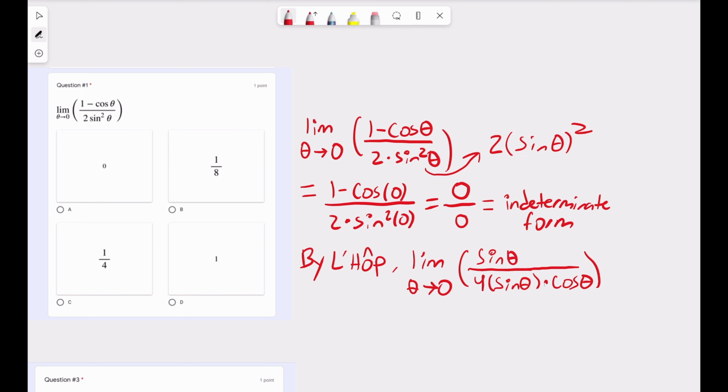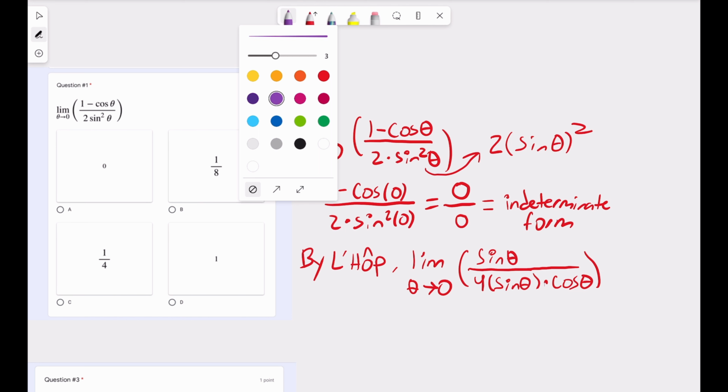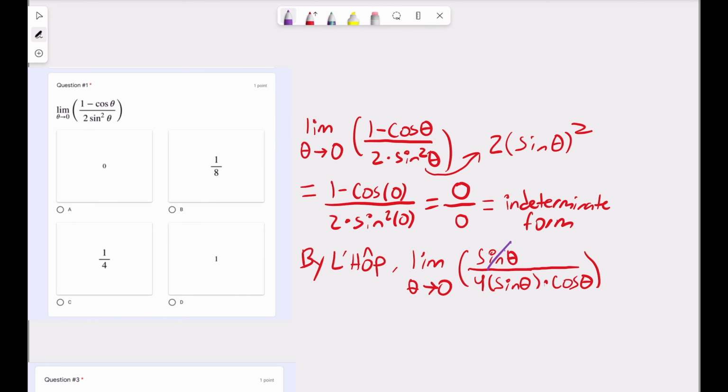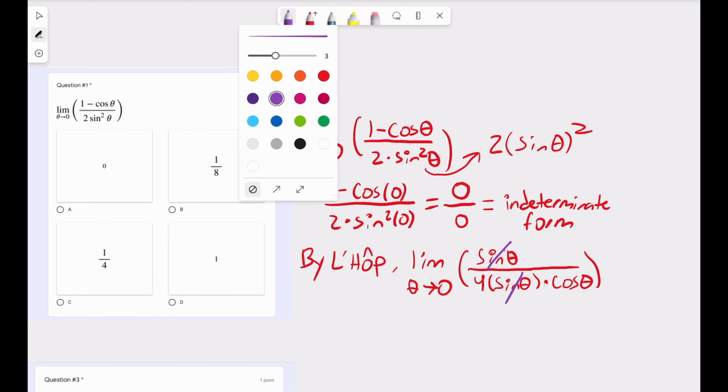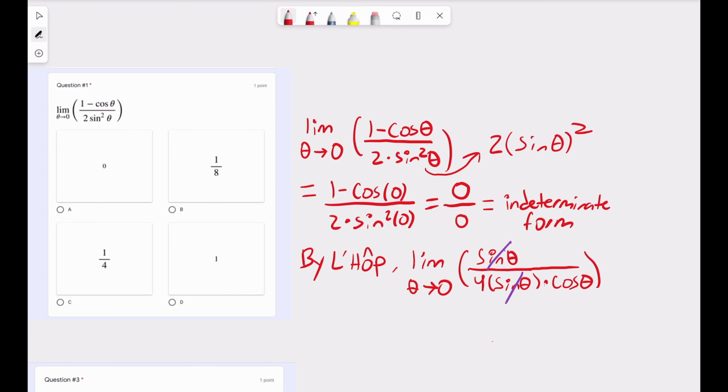So now we have the limit as theta approaches 0 of sine of theta over 4 times sine of theta times cosine of theta. So now we can cancel out the sine of theta, and we will be left with the limit as theta approaches 0 of 1 over 4 times cosine of theta.